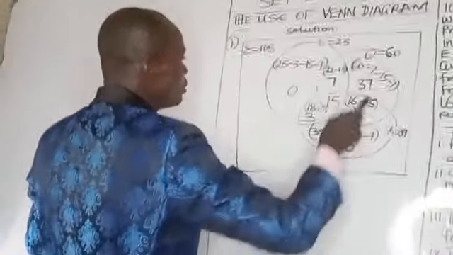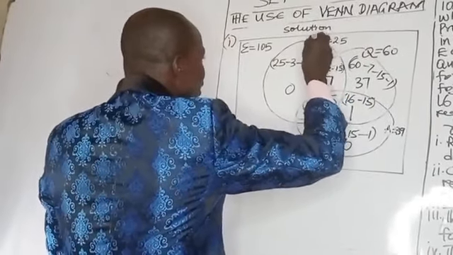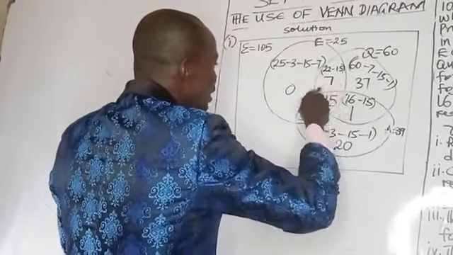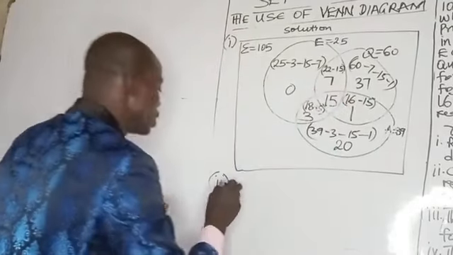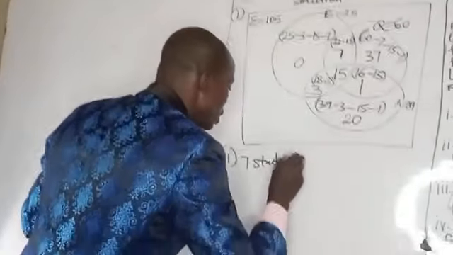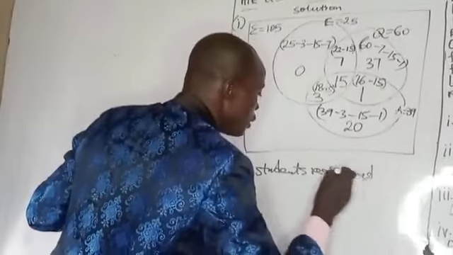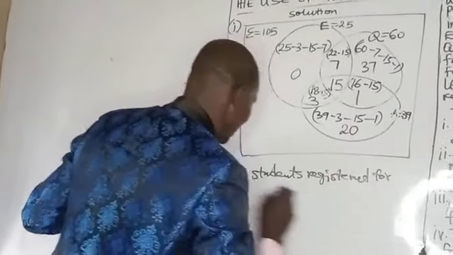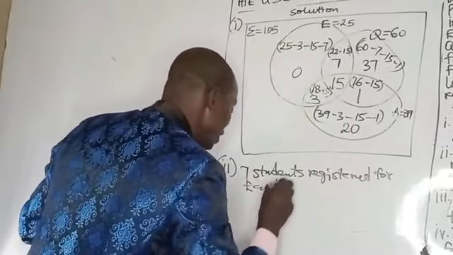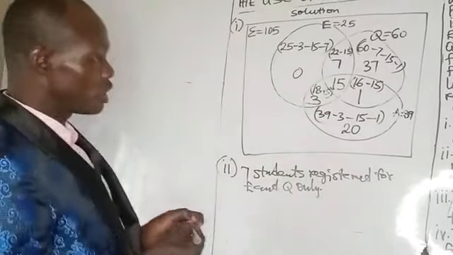This is E, and this is Q. This is the region involving E and Q. So 7 students registered for E and Q only.